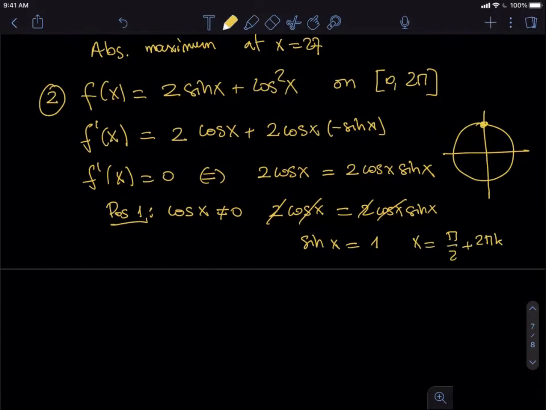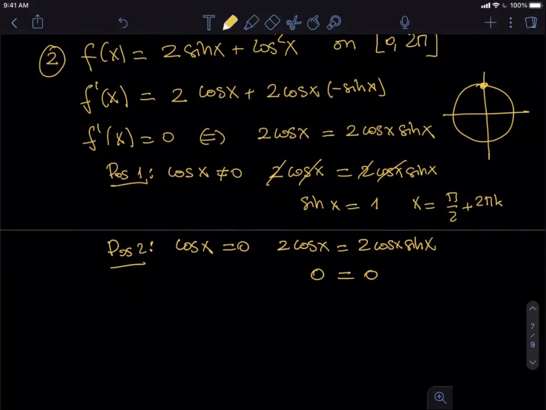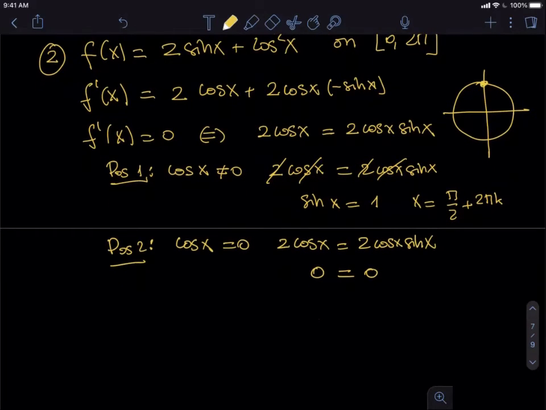And then the second possibility is that the cosine of x is actually 0. In that case, we are good, because if you notice, 2 cosine of x equals 2 cosine of x sine of x is totally true, because both sides are 0. So in that case, there is nothing we need to do. We just need to figure out the values for which the cosine of x is 0.